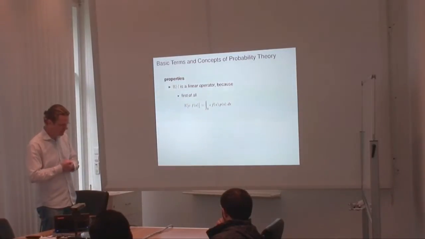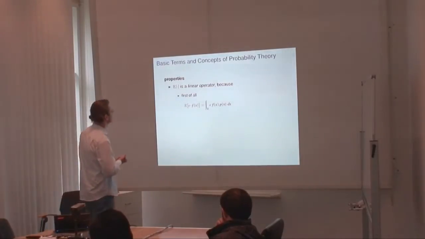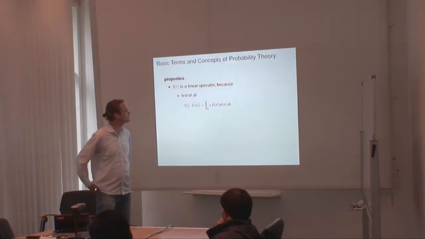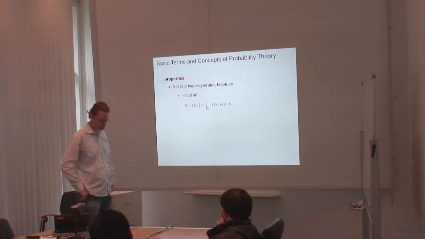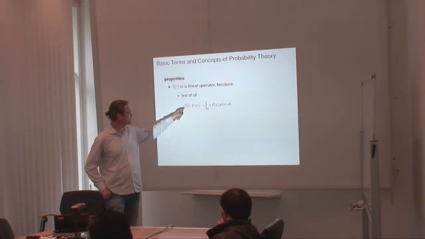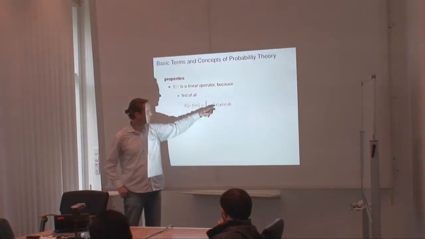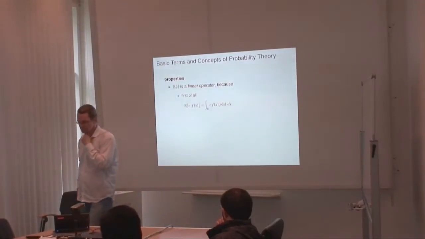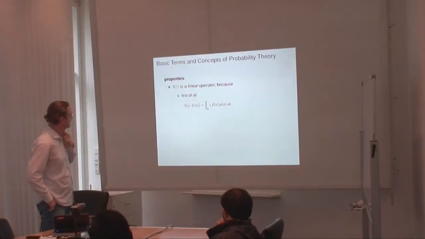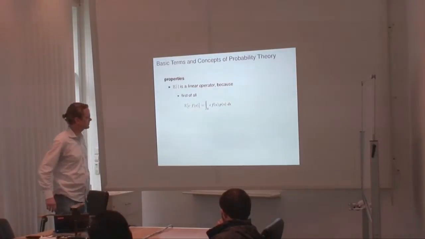And I didn't make it explicit, but I'll do it now, that this operator here is a linear operator. First of all, we may look at the expectation of a constant times a function. We plug this into our definition of the expectation, and we find it's the integral over all real numbers, c times f of x times p of x dx.